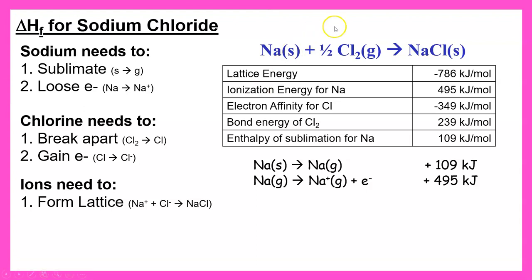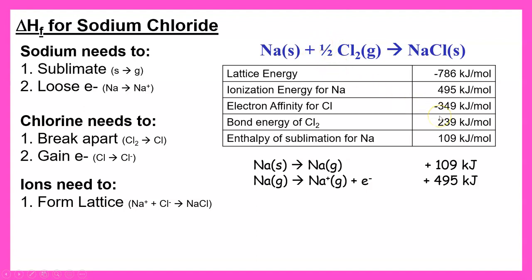I know that my chlorine starts as a diatomic element, and I need to get it into just a single chlorine. One of the things you need to be careful of is that you take into account your coefficients here, right? Because we're trying to make 1 mole of sodium chloride, I need a 1/2 coefficient here.